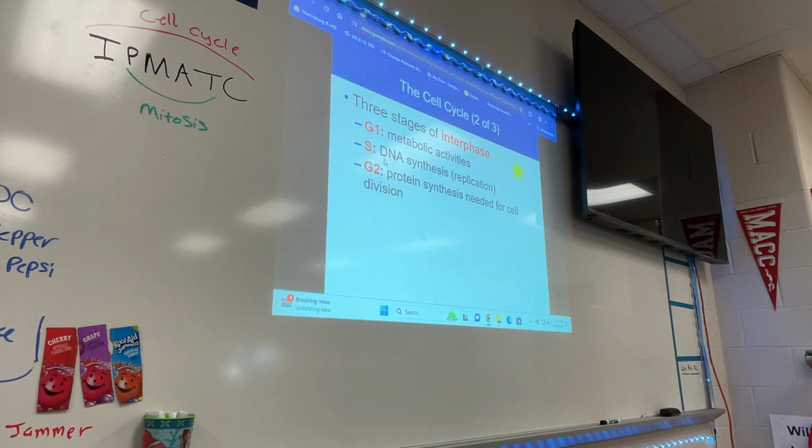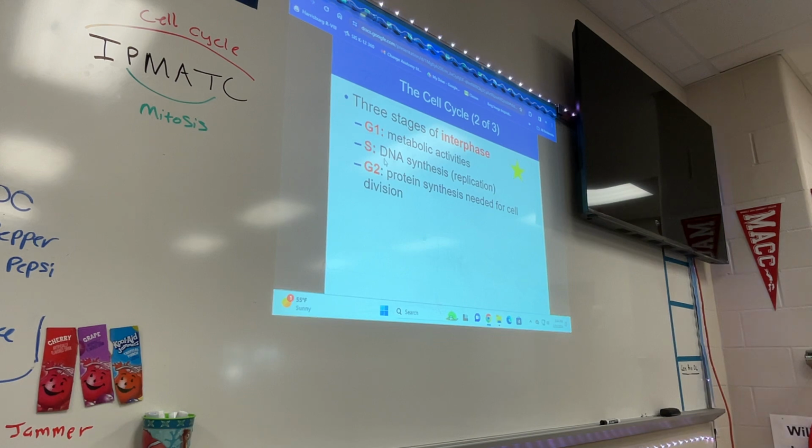Now in interphase, it can be subdivided into 3 stages, G1, S, and G2. G1 is just the normal stage. It's metabolic activities, the cells just do its thing. S is when the DNA replicates itself. S stands for synthesis.